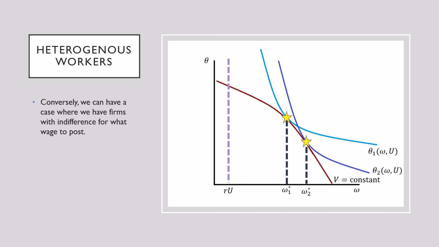Likewise, we can have a case where we have heterogeneous workers, where our firm can post two different sorts of wages, but it just depends on which submarket this firm wants to post its wage in. That would be the main way to think about this. So I left out one part about rational expectations equilibrium in this context, because I haven't really provided sufficient background to get into that.